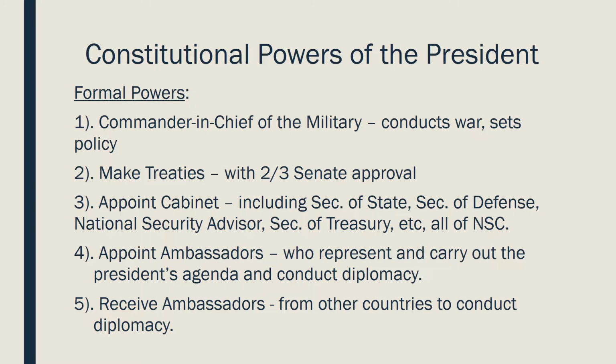The President has the formal power of making treaties with two-thirds Senate approval. We will see how the informal powers of the President speak to the treaty-making power.